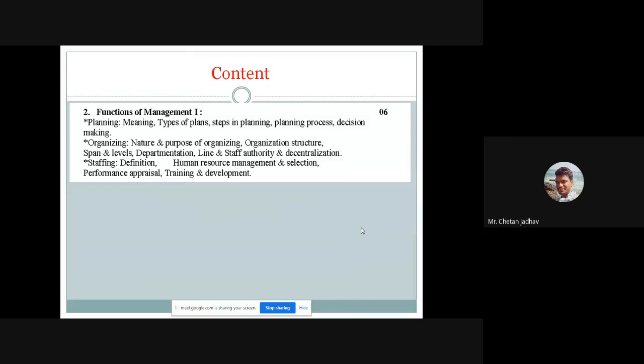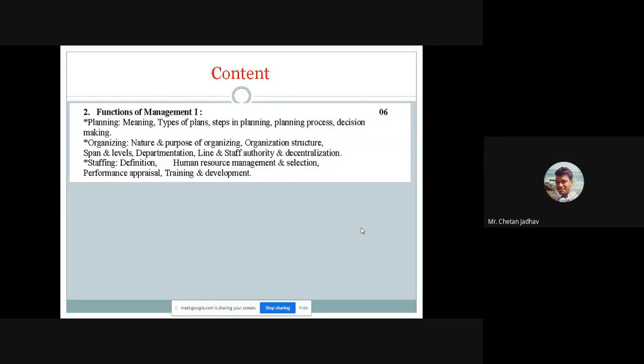In planning we are going to cover the meaning of planning, that is, the definition of planning. Second, types of plans: which types of planning we use for different purposes.